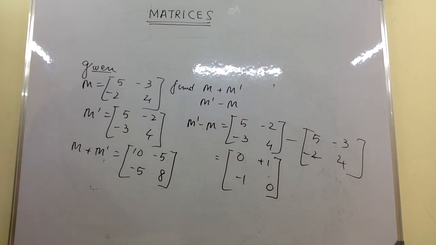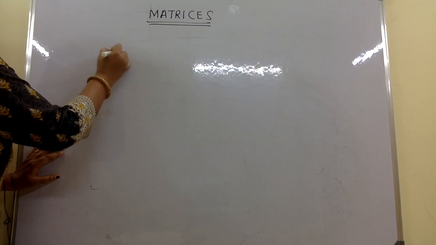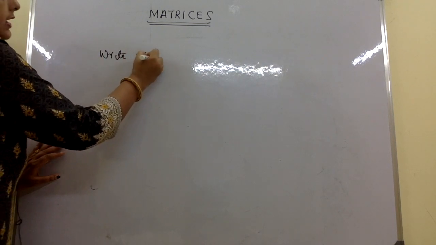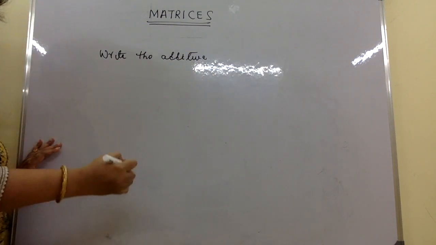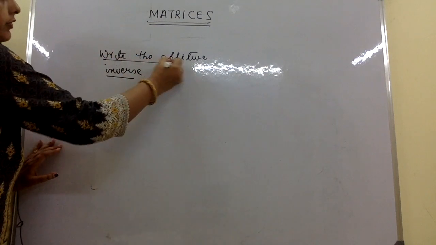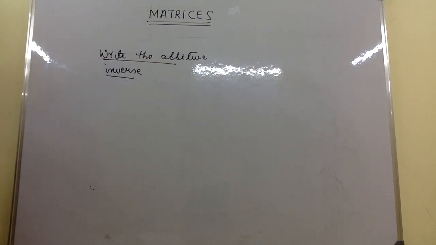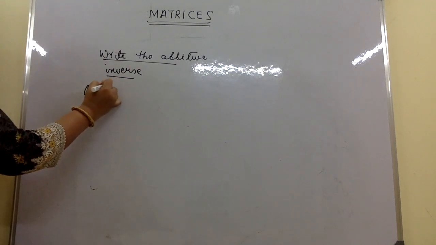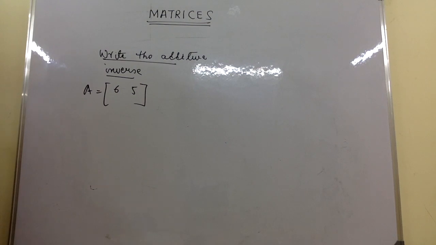Okay, now the next question is, write the additive inverse of the following matrices. Now what is additive inverse of the following matrices? Now A is equal to 6, 5. What is the additive? 6 minus 5.